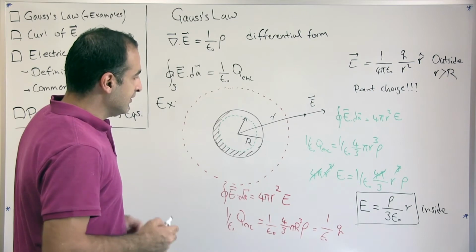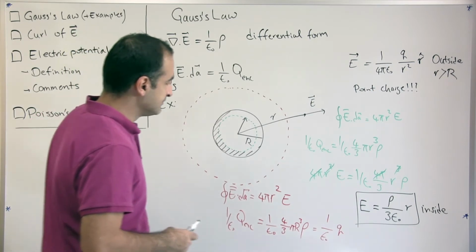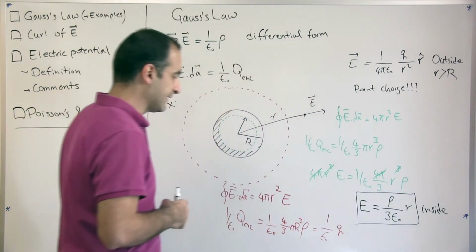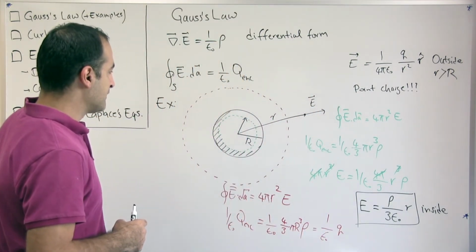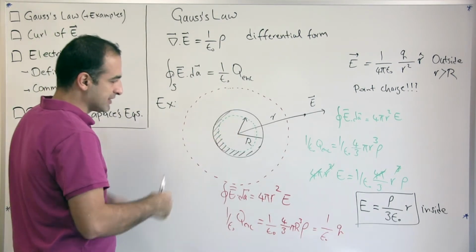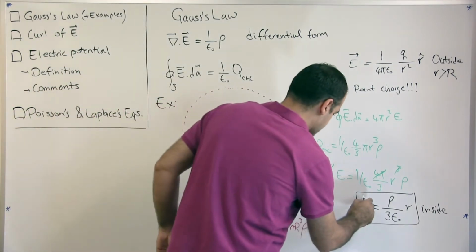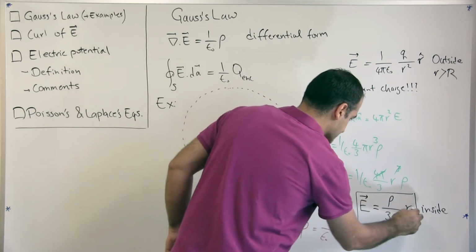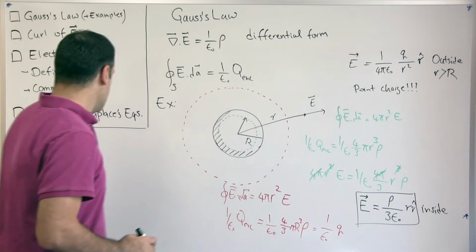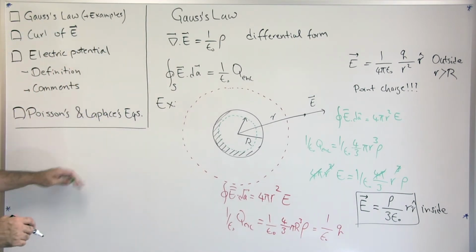It's useful to draw a diagram of the electric field, okay, where we can look at the strength of electric field as a function of distance from the center of the sphere. By the way, I'm going to change this to vector notation and add r hat here as well. Okay, so I think here is good.